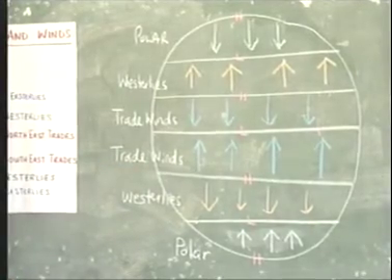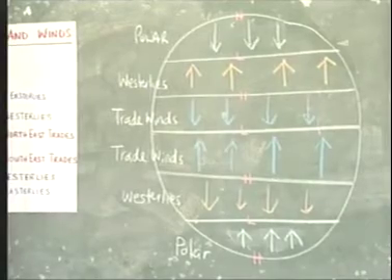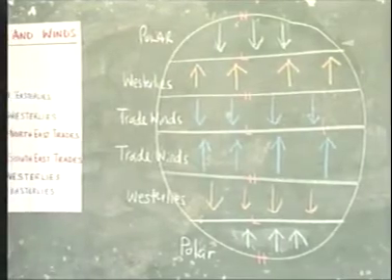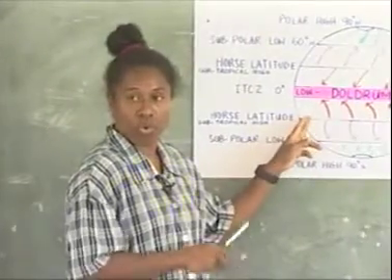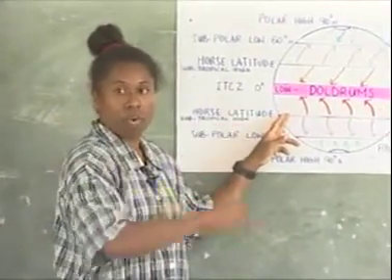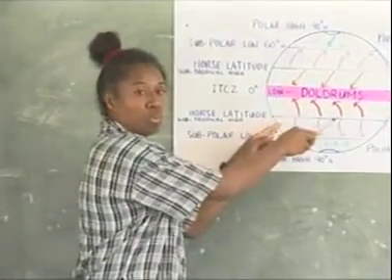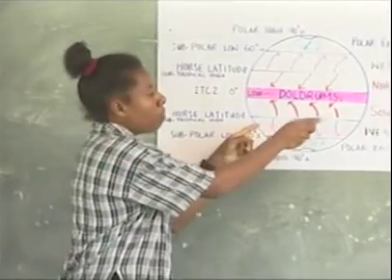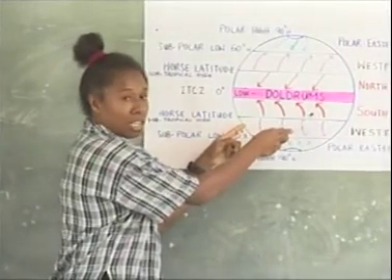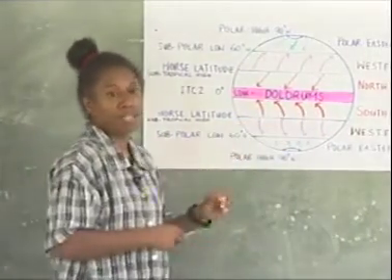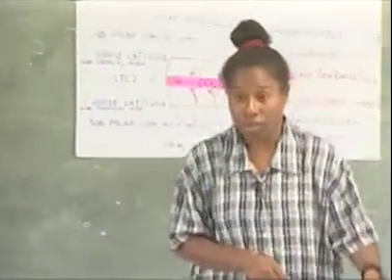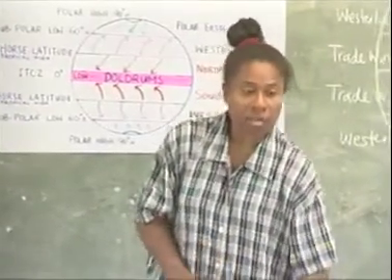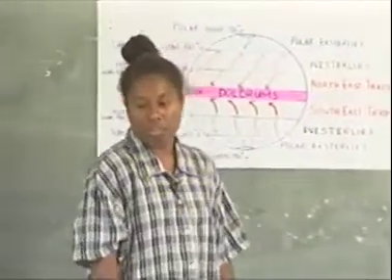Check your exercise books and show that when you are constructing your diagrams to show the planetary winds, that you correctly also indicate from which direction the winds would be blowing from in the southern hemisphere between these different latitudes as explained. Okay, and your homework is to complete your construction. With that information, that will also bring us to the end of our lesson.